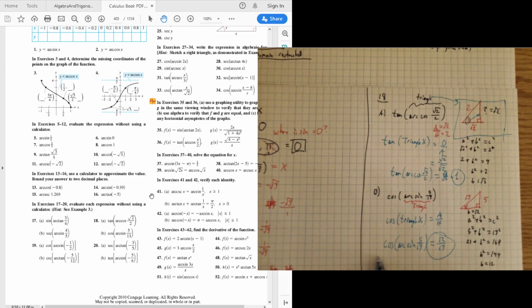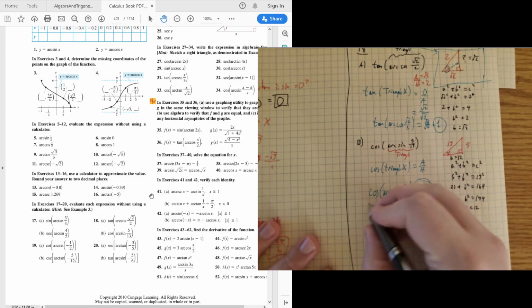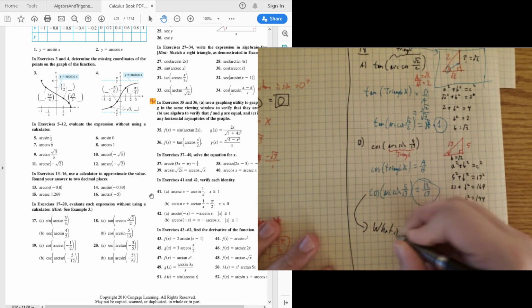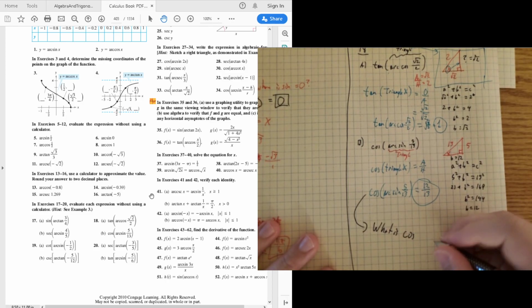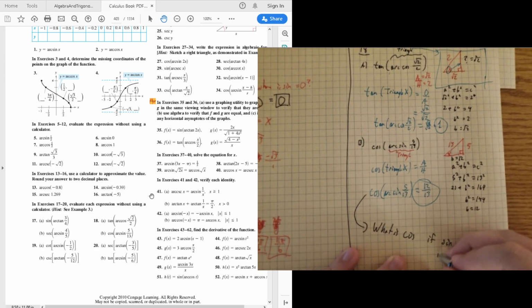This statement right here, allow me to write this as a mathematical statement in words. It's kind of wordy, but here we go. This question is asking, what is cosine if the sine relationship is 5 over 13?